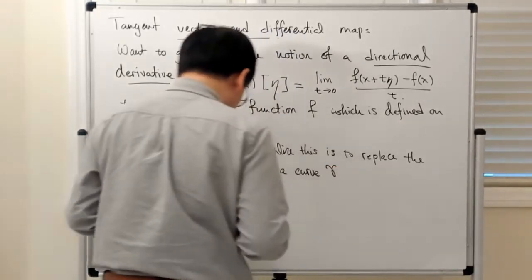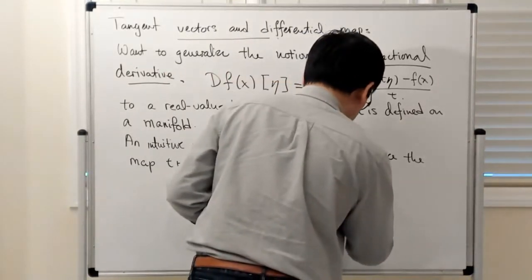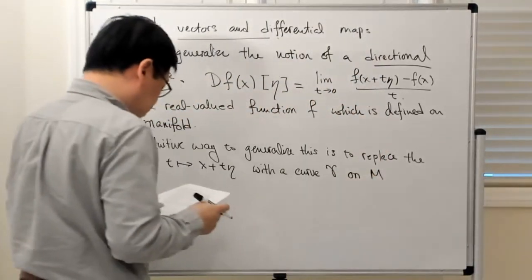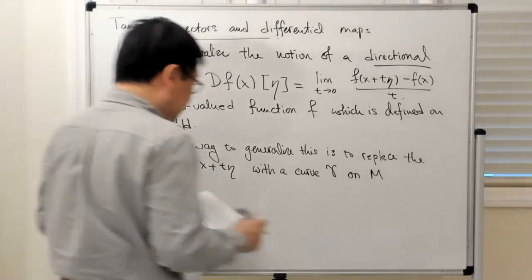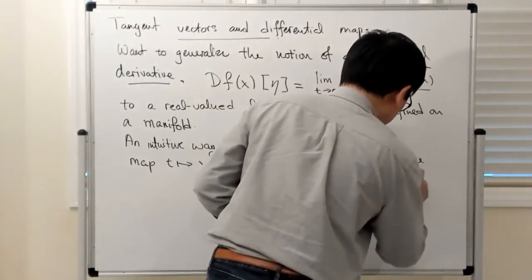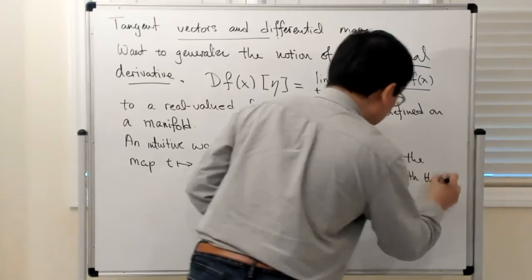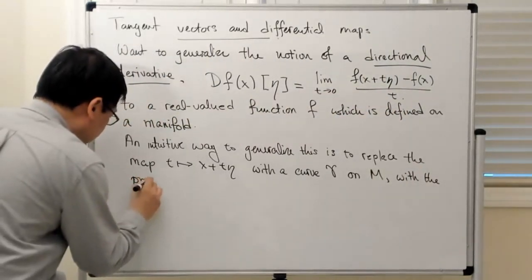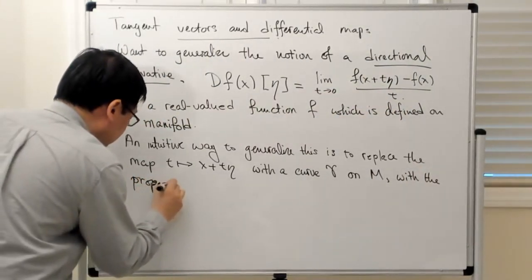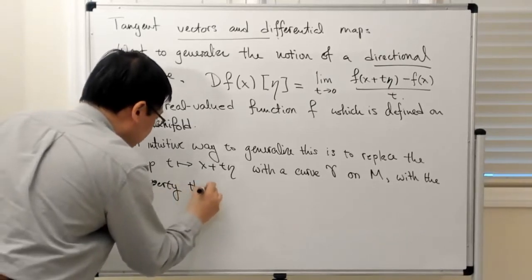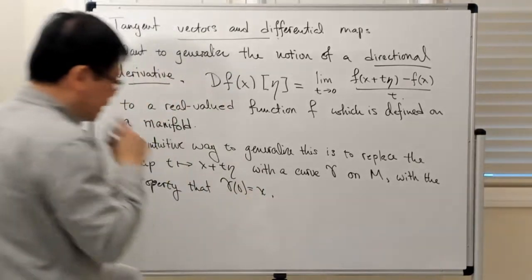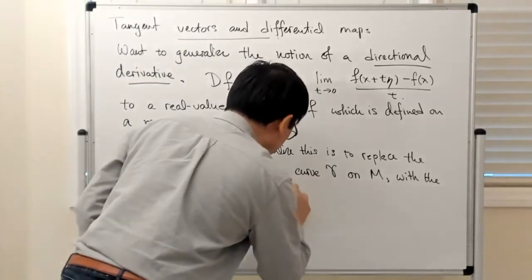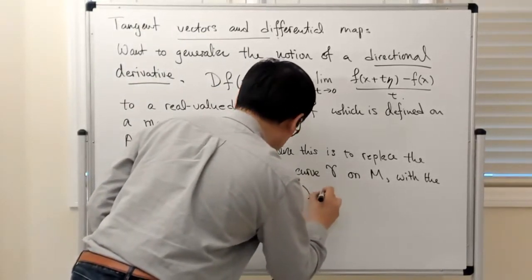Let's see, gamma on M. Okay, so M is the manifold. Okay, and the basic idea is that it has the property that gamma at 0 is the base point x, and gamma dot at 0 is eta.